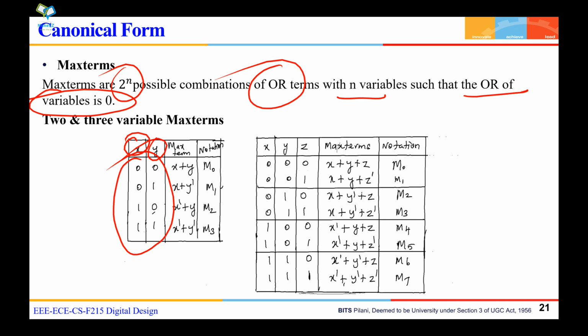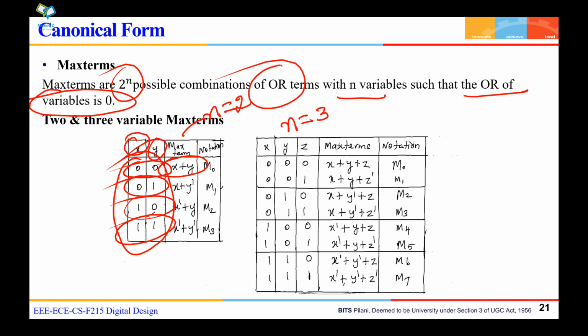So for 0 0, x plus y, the OR of 0 0 is 0. 0 1 is x plus y bar, 1 0 is x bar plus y, 1 1 is x bar plus y bar. Right? This is for n equal to 2. Hope you understood this.